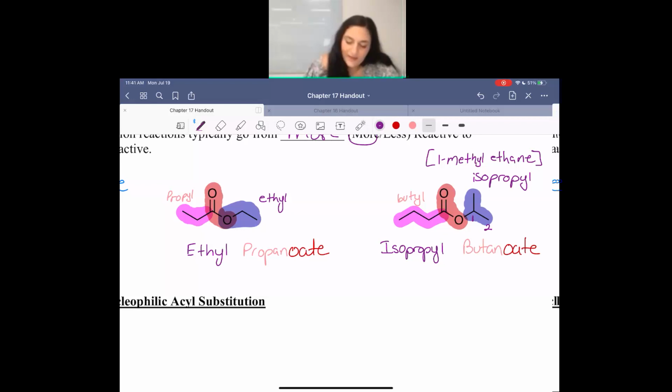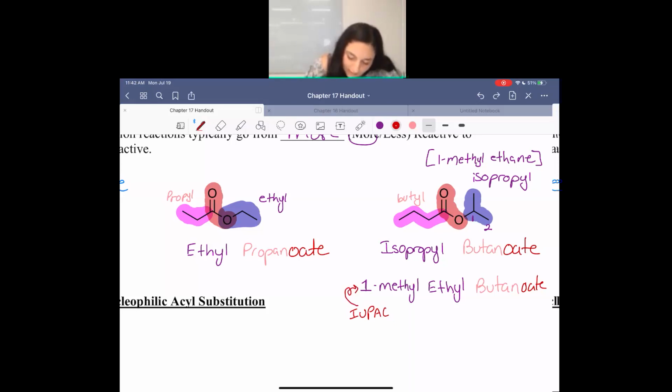So the IUPAC name for this molecule would be 1 methyl ethyl, and we keep the butanoate. Butanoate. And I'll just write here, IUPAC. That was an ugly arrow. Common.